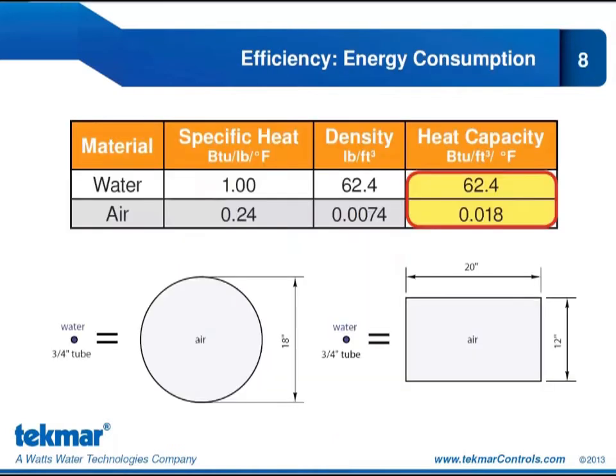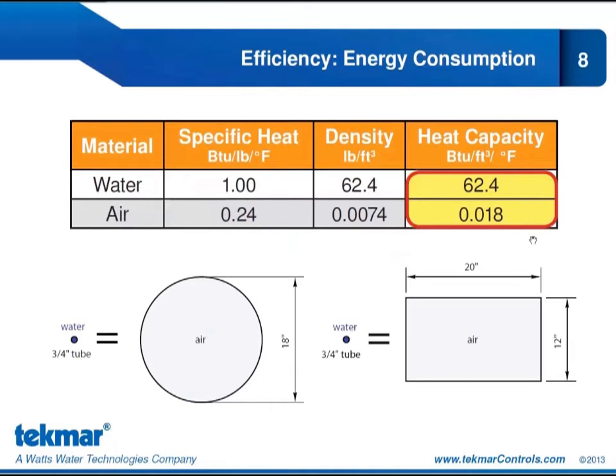Now, as far as energy consumption is concerned, the first piece of the puzzle is the differences between water and air and how they can transport heat in different amounts. So we need to look at the heat capacity of each of these mediums. Now for water, the heat capacity is 62.4 BTU per cubic foot degree Fahrenheit.